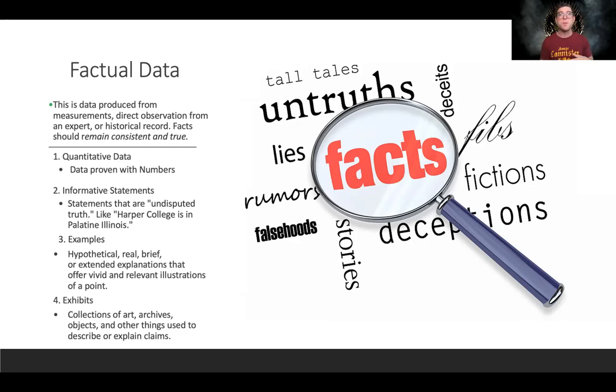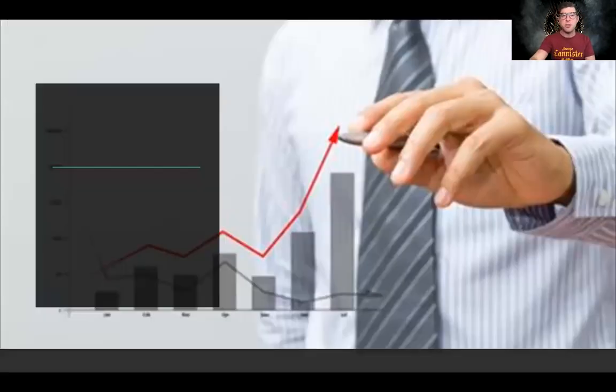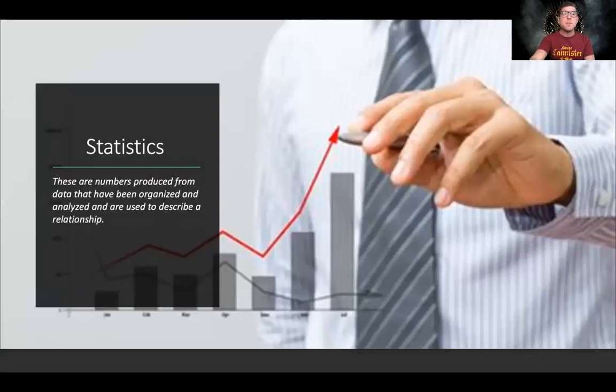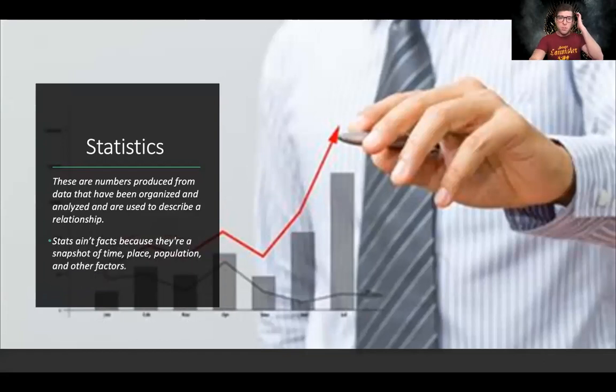A lot of the times we see 68% of the US population has a Facebook, and we think that that's capital T truth, but it's not. It's lowercase t truth. And that's because these are numbers produced from data that have been organized and analyzed to describe a relationship.